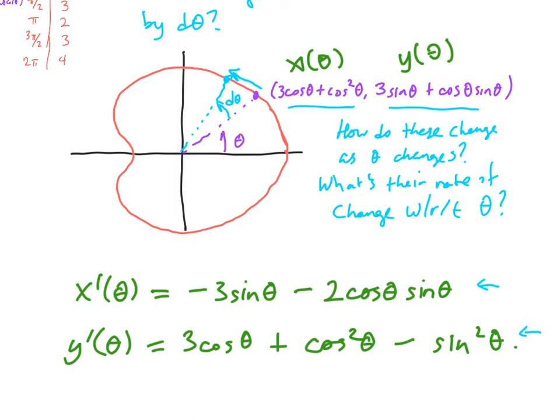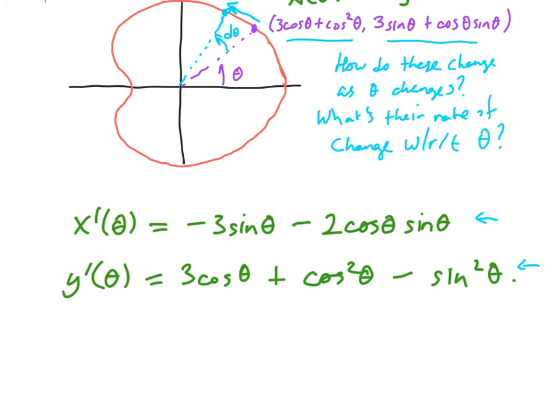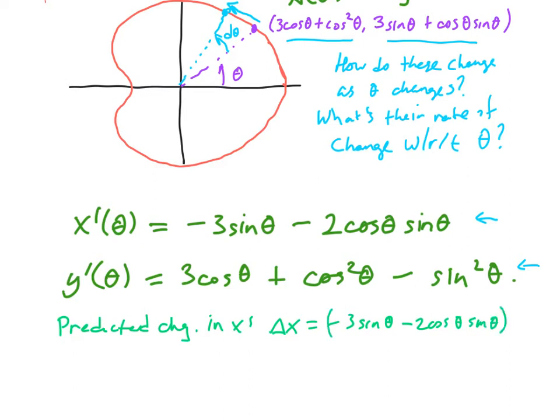So if I change d theta by a small amount, then my predicted change in x, let me write this in a different color, is going to be delta x equals that first derivative there, minus 3 sine theta, minus 2 cosine theta sine theta, all of that times delta theta.